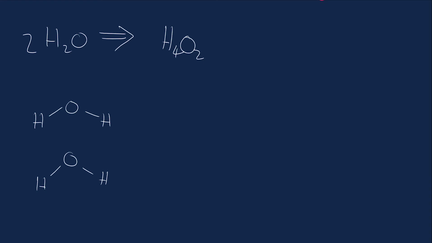But instead of drawing 2H2O, if I'd written H4O2, that's different because that's written as 1 molecule. What that is would be presumably something horrific like this, which doesn't really exist to my knowledge, and that's a completely different molecule.